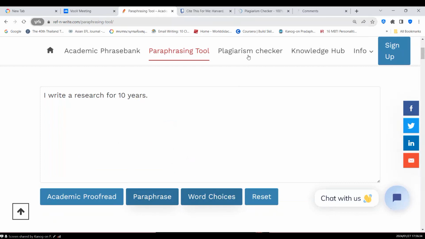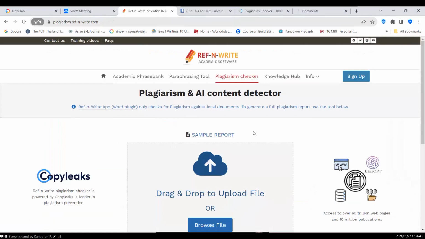So later on, in plagiarism checkers, it will not say that I copied people's work, because I paraphrased it. So that is the example that I use in this website.